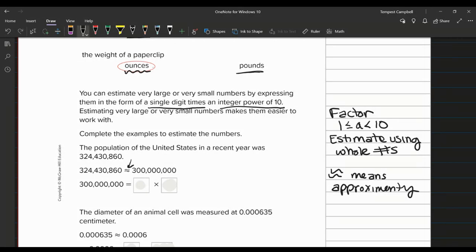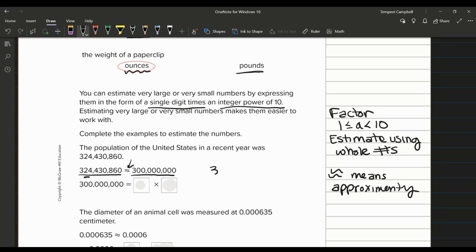It's not Aquarius, it's not a sign like that. It just means approximately. So that means we can take this big number and make it look a little bit prettier by putting a bunch of zeros past it. And notice how the second number was a 2 after the 3, so that's why we could round down.